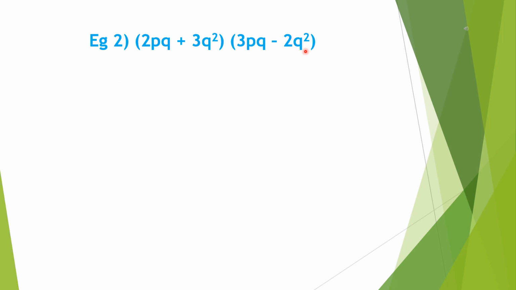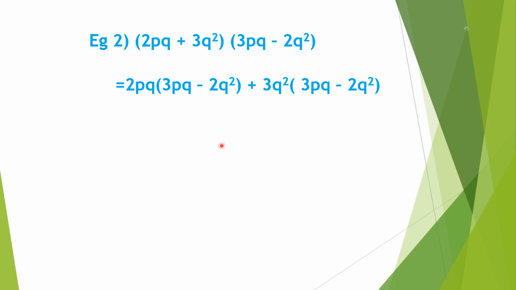Let us see. 2pq in the bracket 3pq minus 2q square plus 3q square inside the bracket 3pq minus 2q square. That is 2pq into 3pq is 6p square q square. Then 2pq into minus q square is minus 4pq cube.